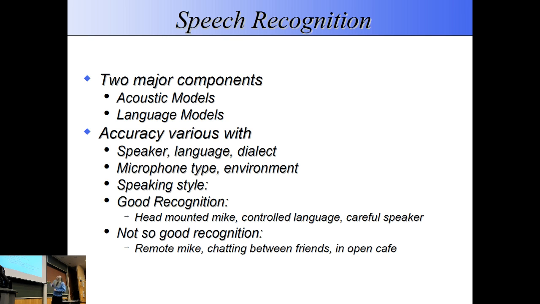Good recognition happens if you have a head-mounted mic, a controlled language, so there's only limited things you can say, like "next slide please", and it goes on to the next slide, and a careful speaker. Professor Alex Waibel, who's a professor here in language technologies, has been working on speech recognition for most of his research life, and it's gone as far as affecting his speech.